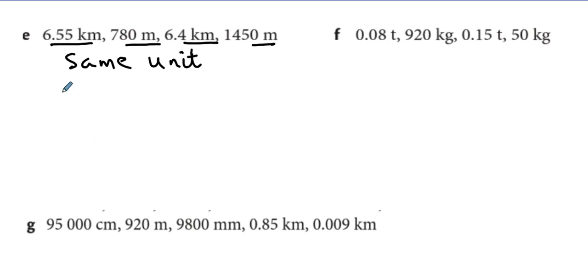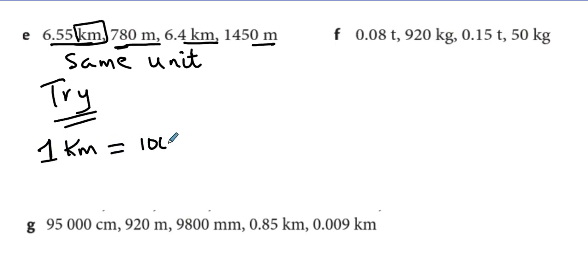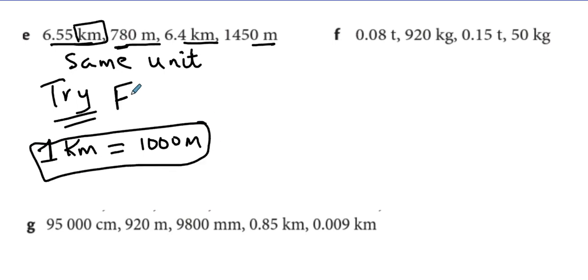I can leave this one to you and you try that. But the idea here is to change kilometers into meters, and leave the meters the same. Then from that you can come to know which one is the smallest of all. And the conversion factor will be, in 1 kilometer we have 1000 meters, and then you proceed. So this one you have to finish by yourself.